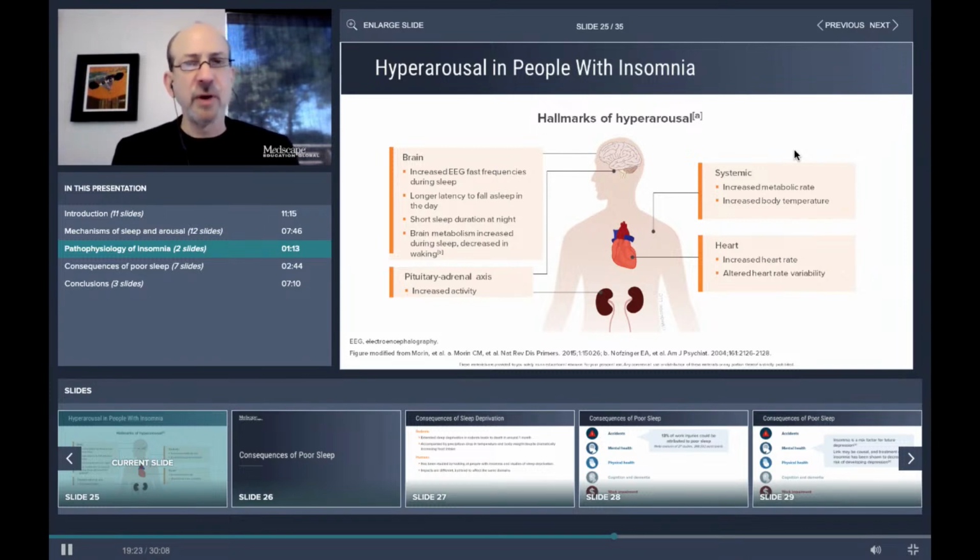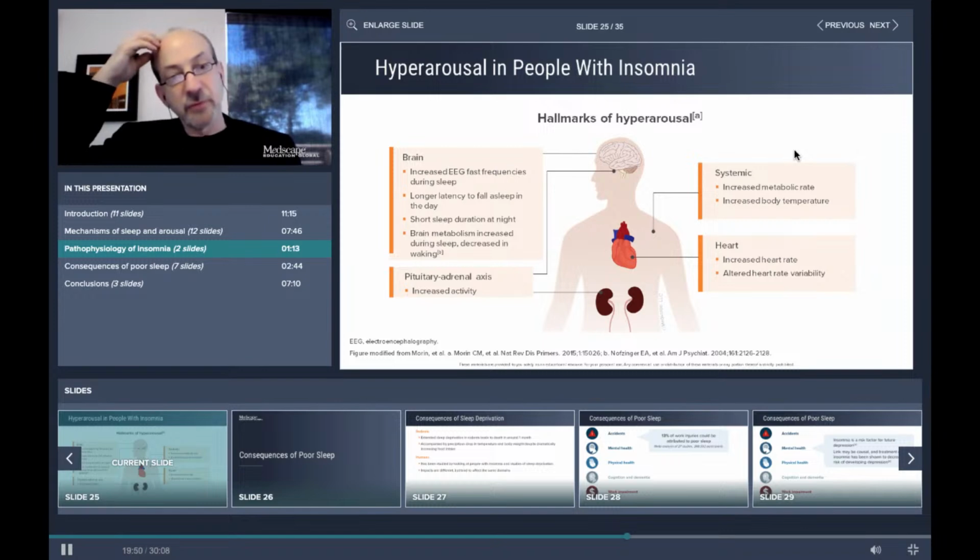Insomnia is not just a problem of sleep, and it is defined as hyperarousal by a series of observations that led to this model. One is that if we look at brain activity while we're asleep, there's elevated fast EEG frequencies suggesting an activation of the arousal system. And then it takes longer for insomnia patients to fall asleep during the day.